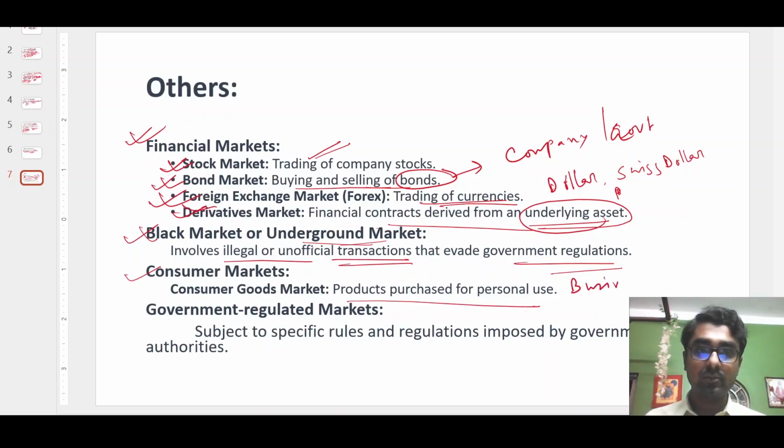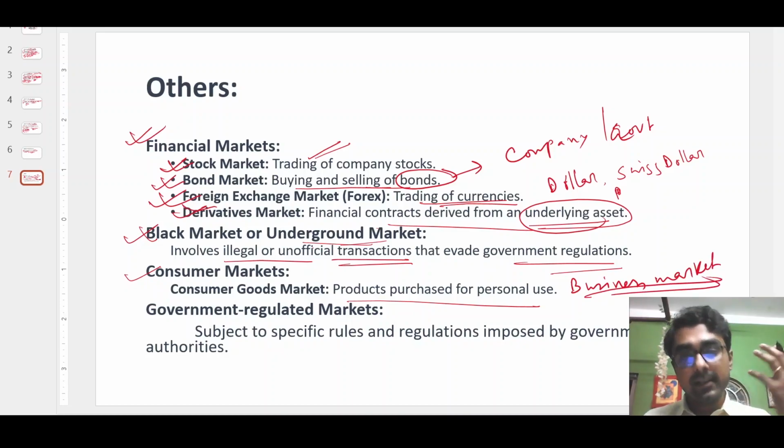There could also be the business market, where one business purchases products from another business. I will discuss the different kinds of business market and consumer market in the next video, right? Next is the government regulated market. Government regulated market is all about specific rules and regulations imposed by a government authority in that market.